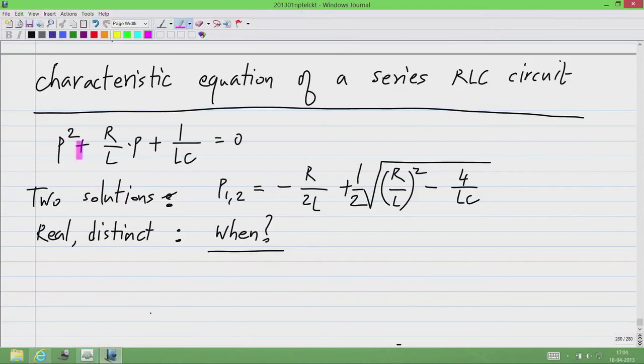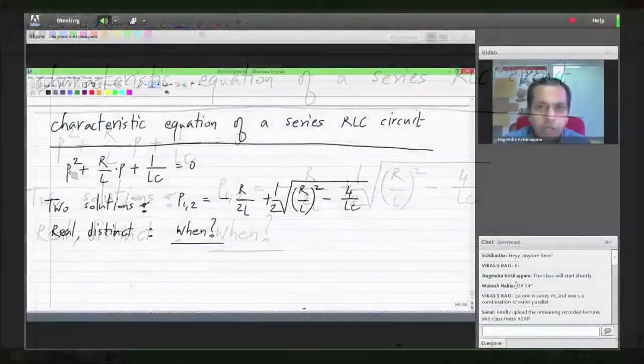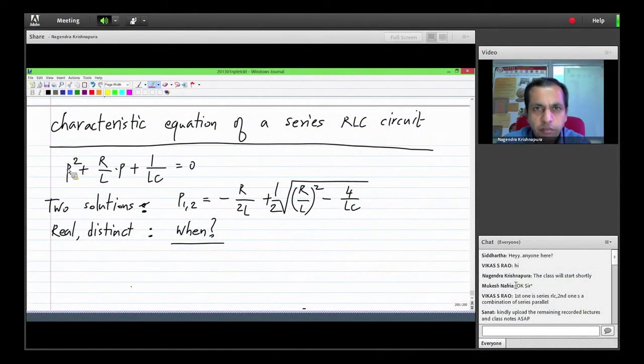You know that solutions to a quadratic equation can be, you will always have two solutions, but the two solutions could be real and different from each other. The two solutions could be real and the same as each other, and also the two solutions could be complex conjugates of each other. My question is, when are the two characteristic frequencies real and distinct, that is real and different from each other?